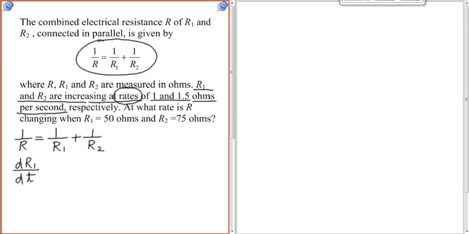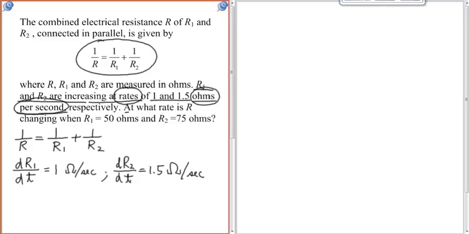That is the derivative with respect to time. Sometimes the units give us a little bit of a hint: ohms per second, and second is the unit for time. So dR1 by dt equals 1 ohm per second, and dR2 by dt equals 1.5 ohms per second.